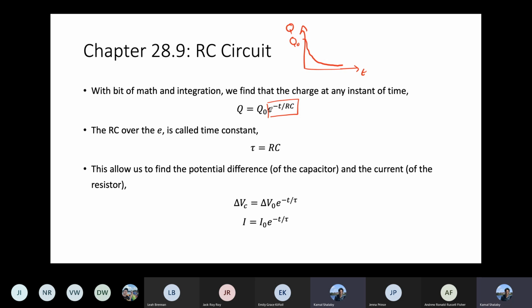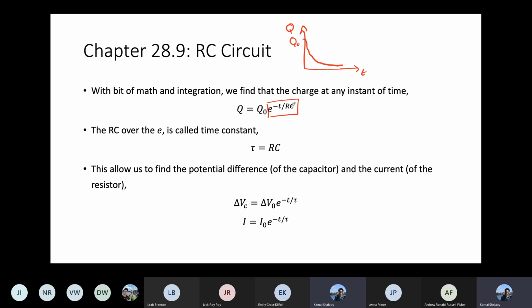It's represented by this factor, e to the power of negative something. It's negative because it keeps decreasing over time. The more time passes, the smaller this number is, so the smaller q is. And we find that it's negative t over RC.